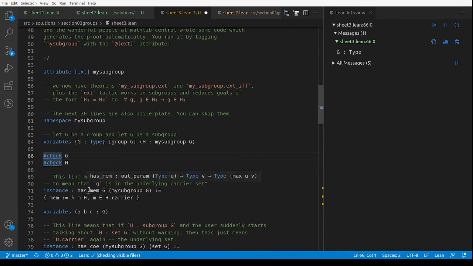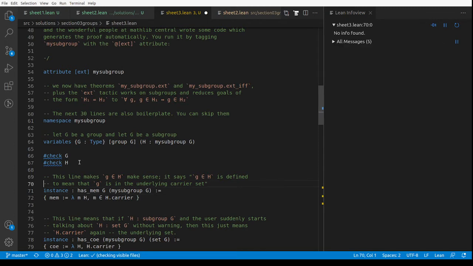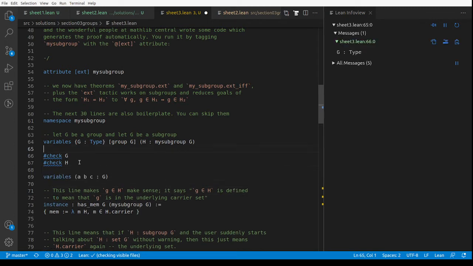So now there's something called mem. There's has mem, which is a notational type class. The idea is that A is an element of B is supposed to make sense, using the usual maths notation. So here's the problem. Let me put those variables up here so we can have them now.